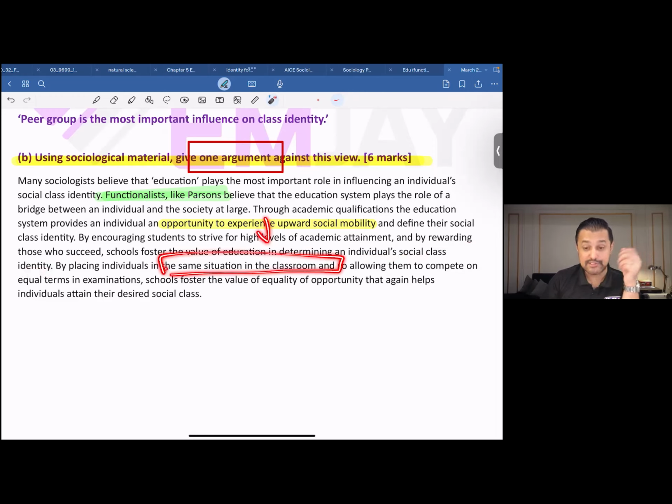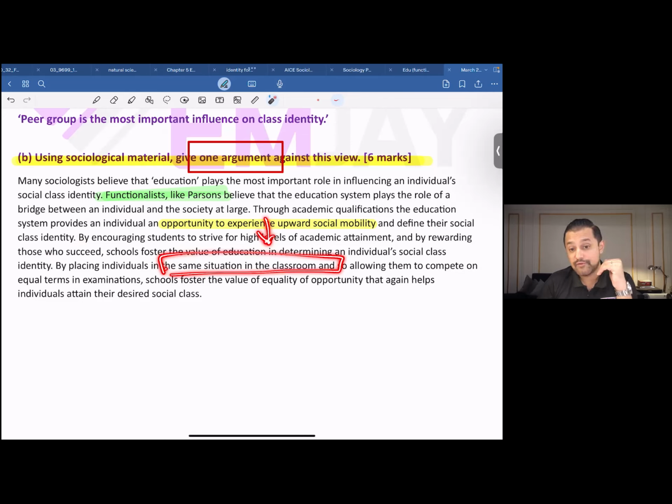Now, when a teacher teaches, I'm trying to explain this to you. Any of your friends could watch this. Even if there are 200 people watching this, I'm providing everyone with the same opportunity. Everyone is in the same situation, right? So when you're in a classroom and the teacher's teaching, everyone is being given the same opportunity to do well.